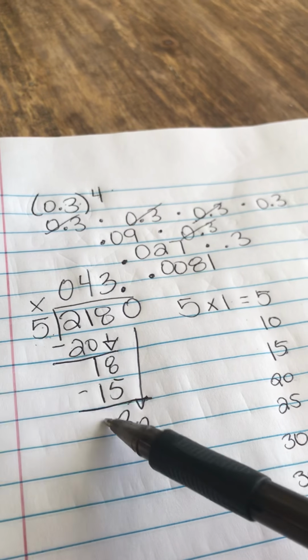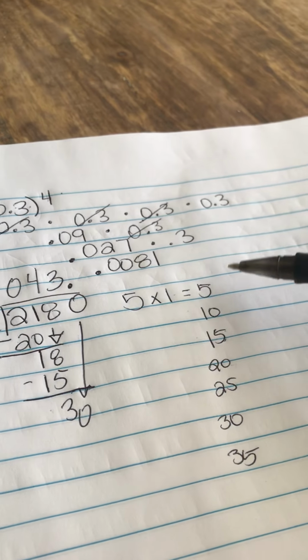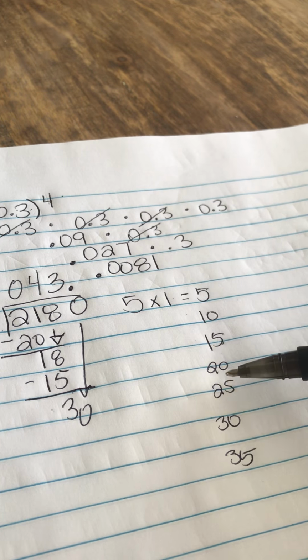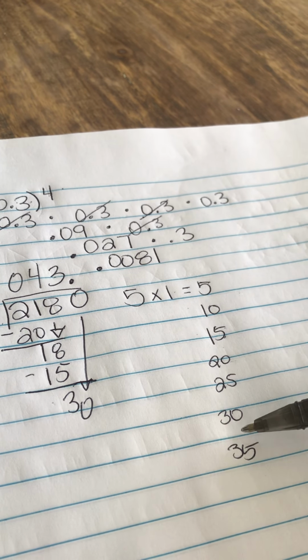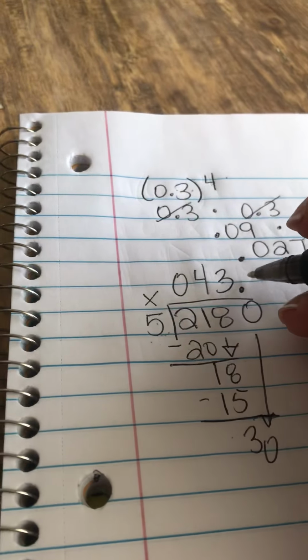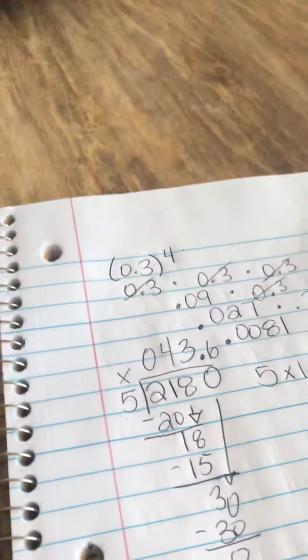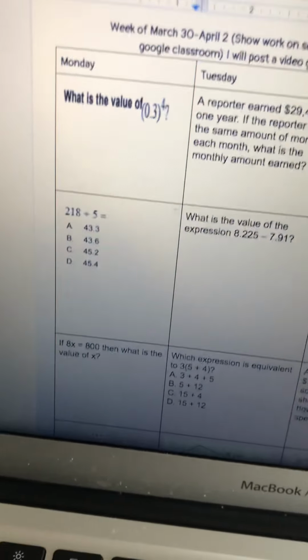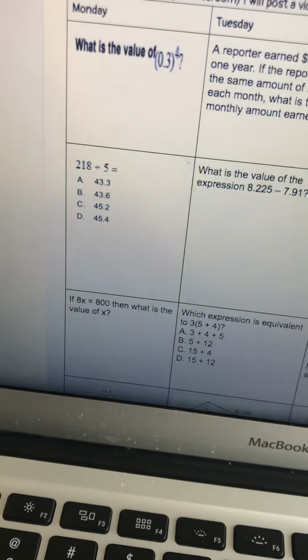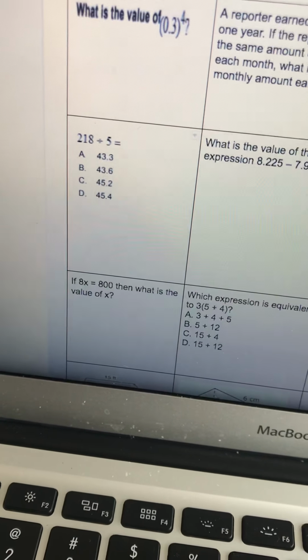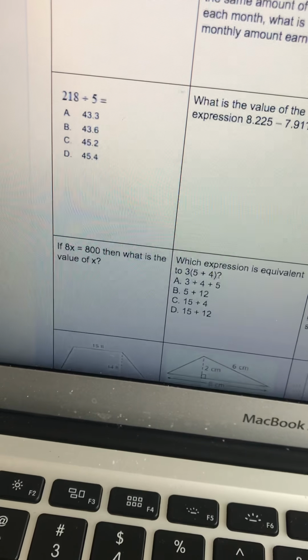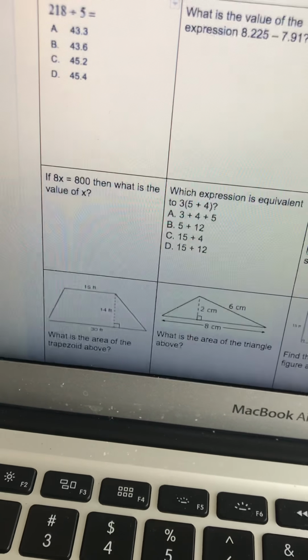How many times does 5 go into 30? We see 30 on our chart, so 1, 2, 3, 4, 5, 6 times. 6 times 5 is 30. Now we don't have a remainder, so our answer would be 43.6. So B was the correct answer on number 2 in Monday's column.